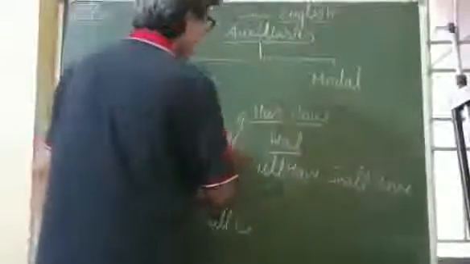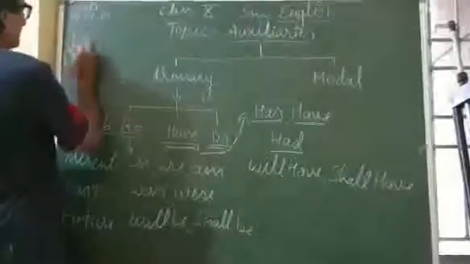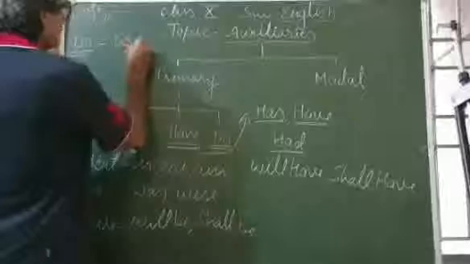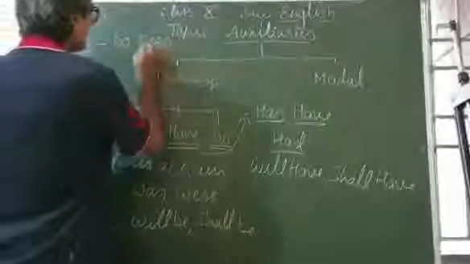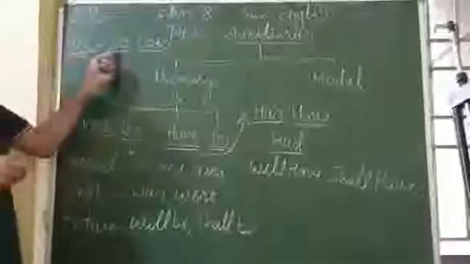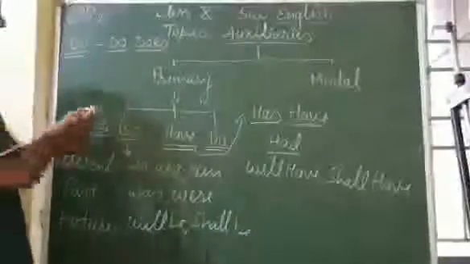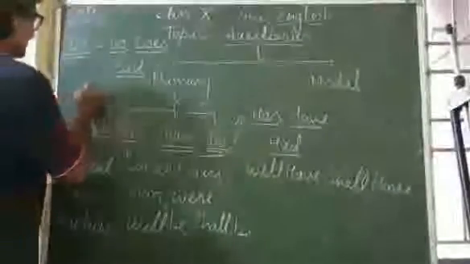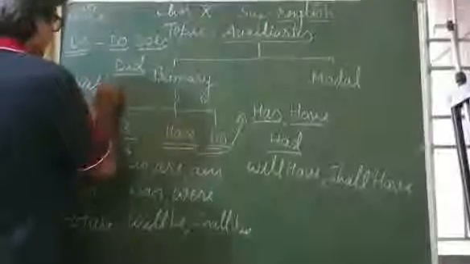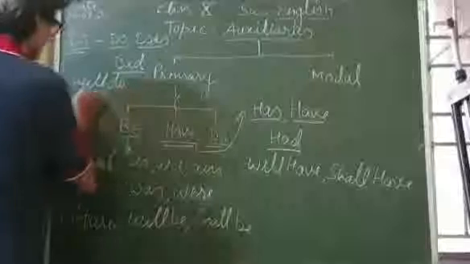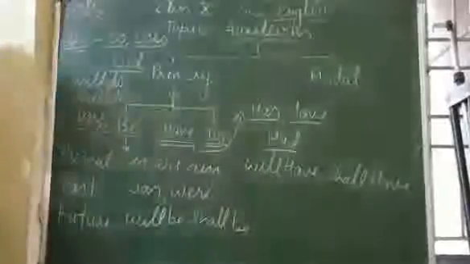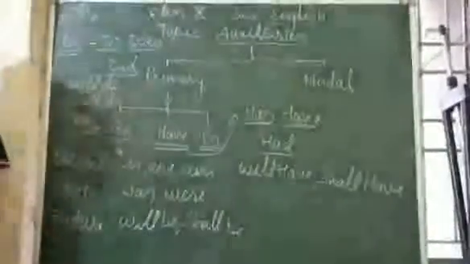The third one is do. The forms of verb do are, for present, do and does; for past, did; and for the future, will do and shall do.